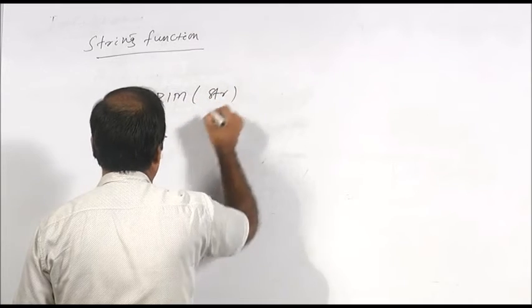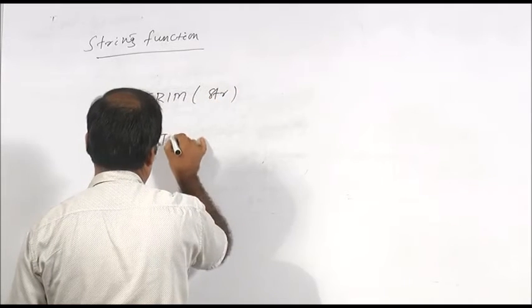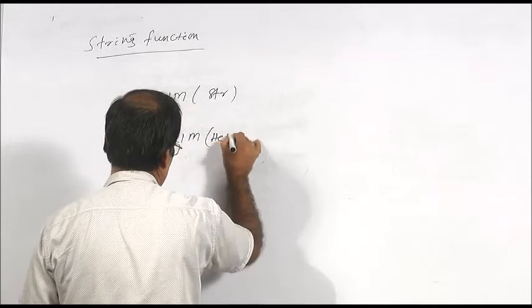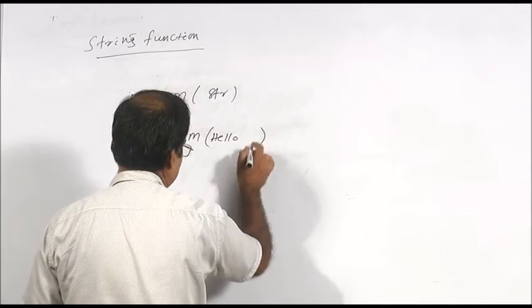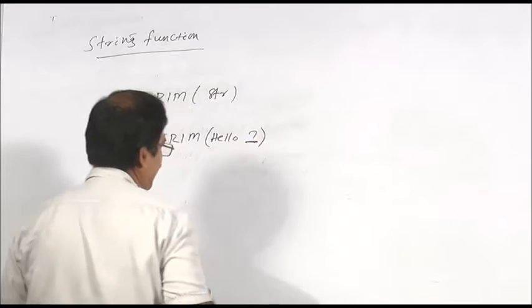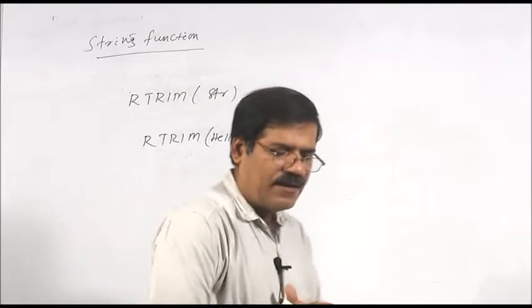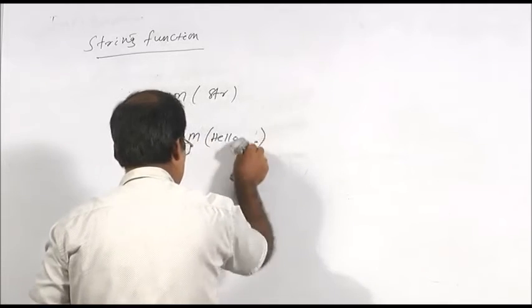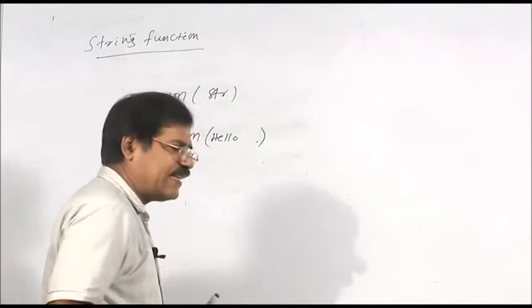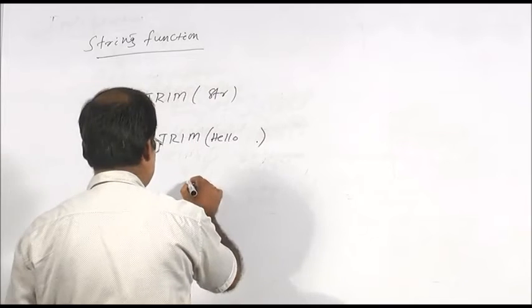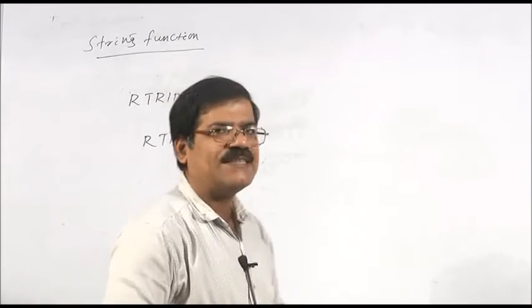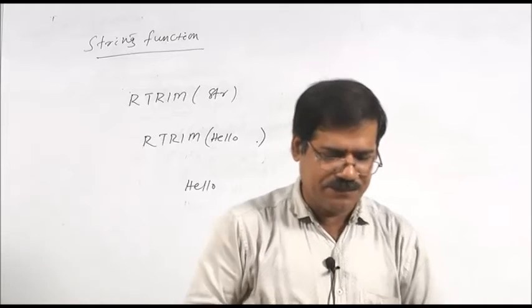Suppose I write hello, and there is a space after the string. This function will remove that space. So your output will be simply hello, with no space. The trailing space will be removed by RTrim.